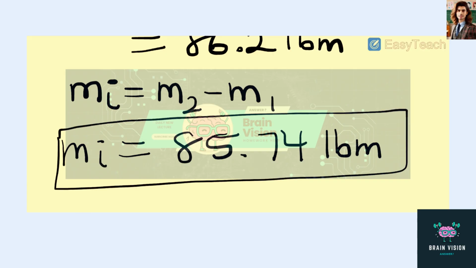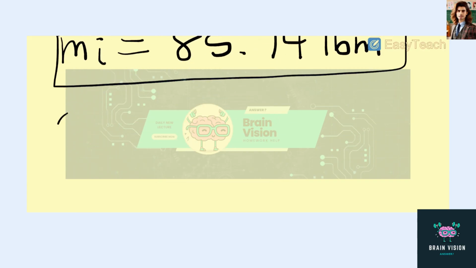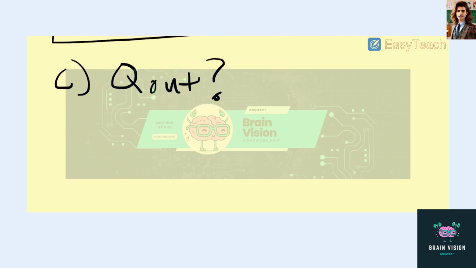That's part B. Now remember that part C asks us to solve for the heat transfer, how much heat has left the system. So what we can do now is write down an equation for the internal energy of the system in its final state.